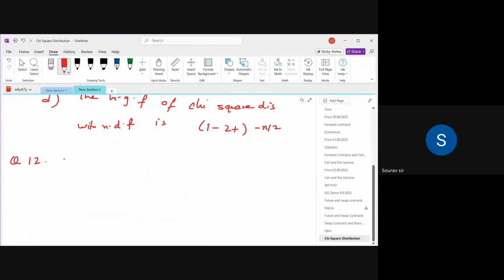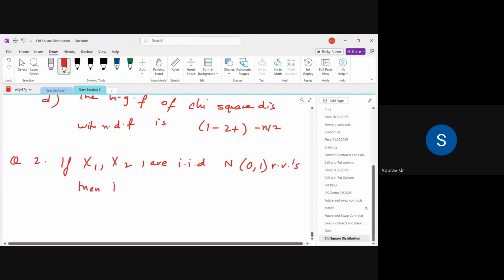If this is a question, say if x1, x2 are identically and independently distributed random variables, then p of x1 square plus x2 square is less than or equal to 2.